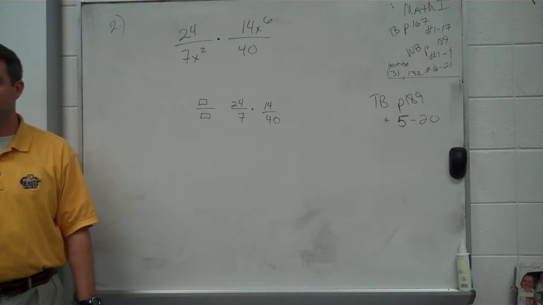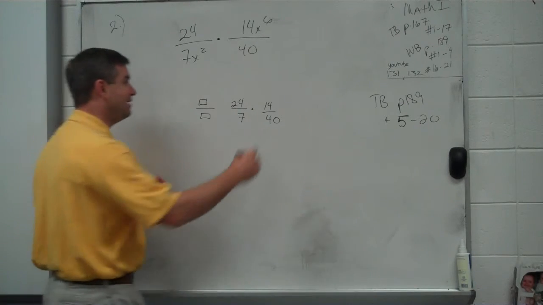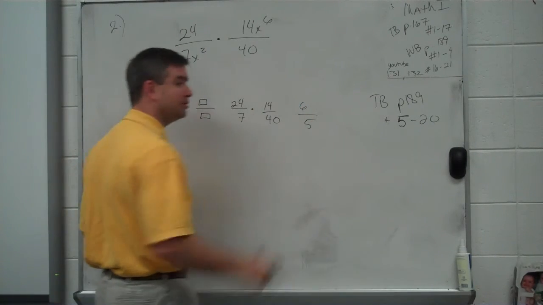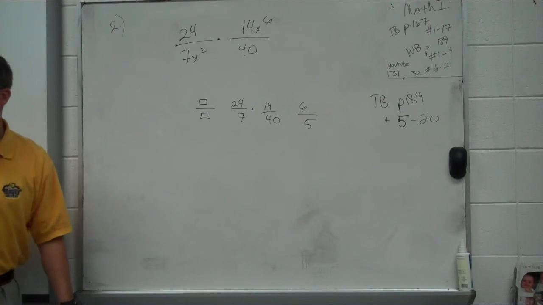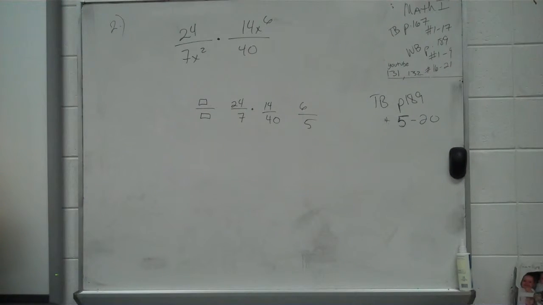What does your calculator say? 6 over 5. So it does all of the numbers for you. All I did was extract the numbers out of there and do the numbers. Okay? So the calculator did it for you. Anybody not get 6 over 5 on their calculator? Need some help. Fraction button.